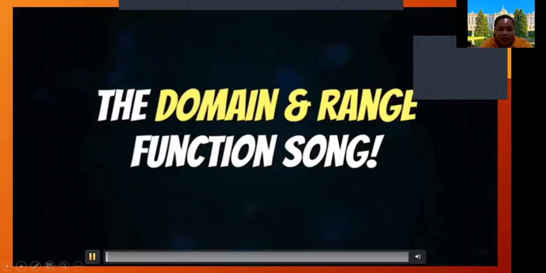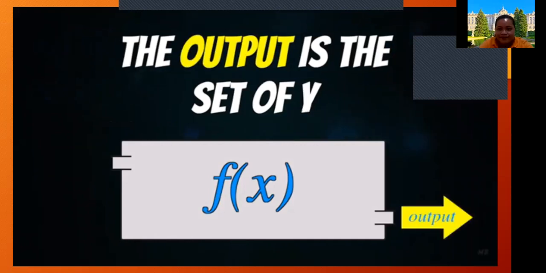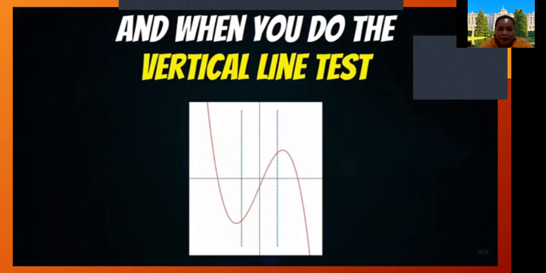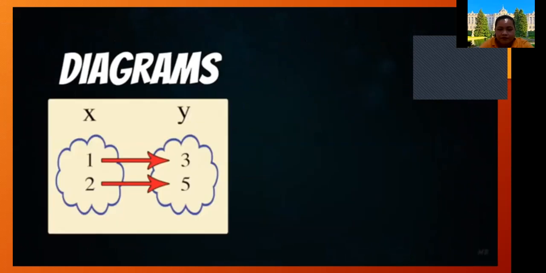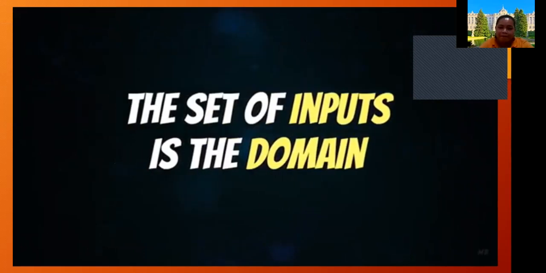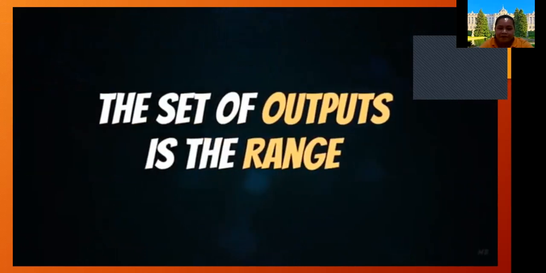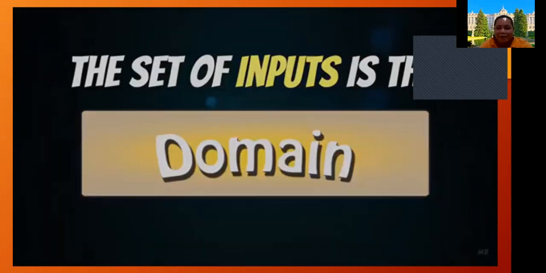You listen very carefully. The input is the set of x, the output is the set of y. And when you do the vertical line test, you always better know the reason why. With tables and graphs, diagrams, or equations like f of x. The set of inputs is the domain, the set of outputs is the range.